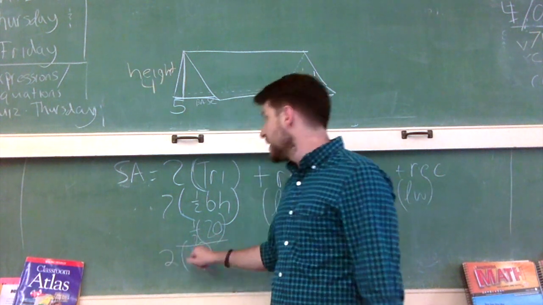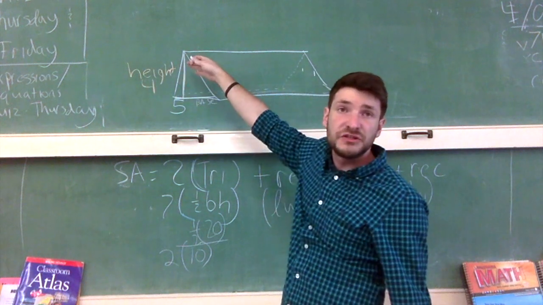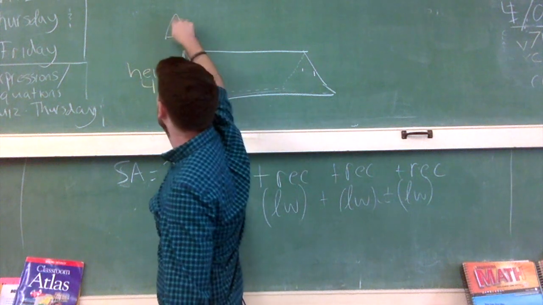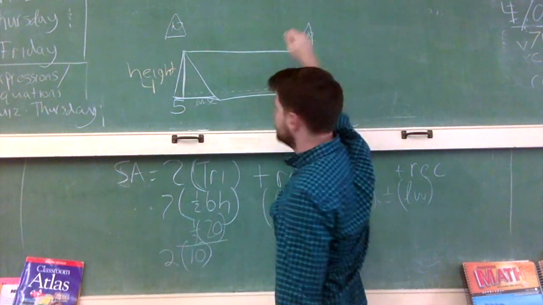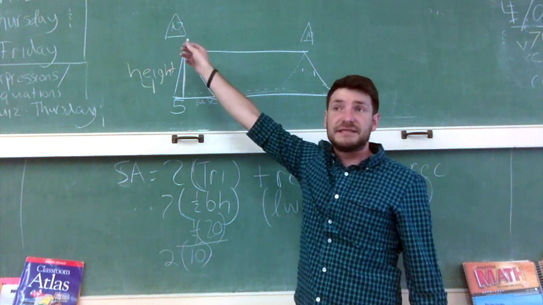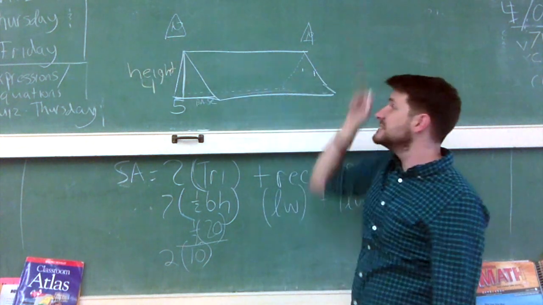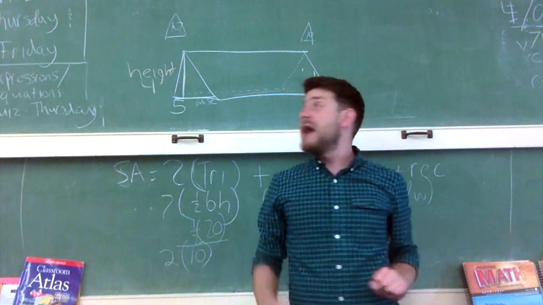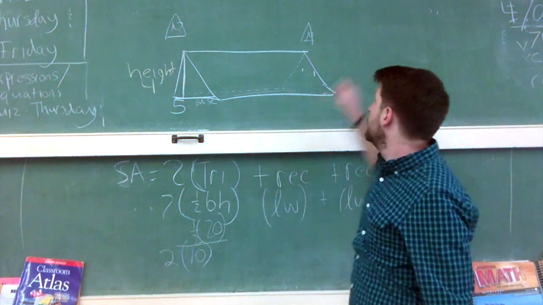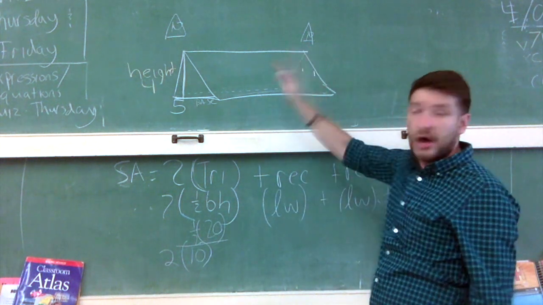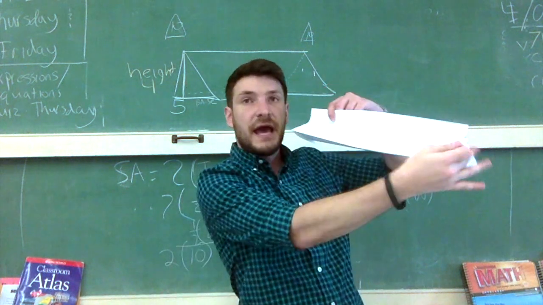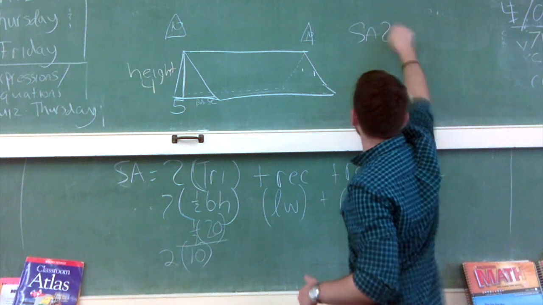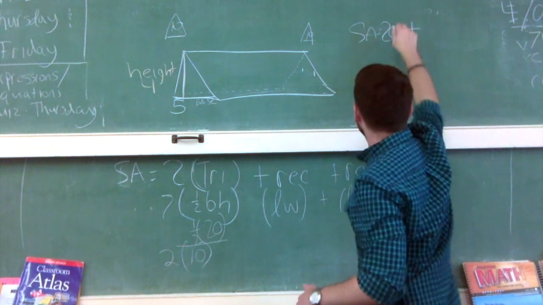But don't forget, if this triangle is 10 square units, and this triangle is 10 square units, we have 2 of those, so we multiply that by 2. Our triangles have a surface area on each side of 10 and 10, 20 total. So we have surface area 20 for our triangles.